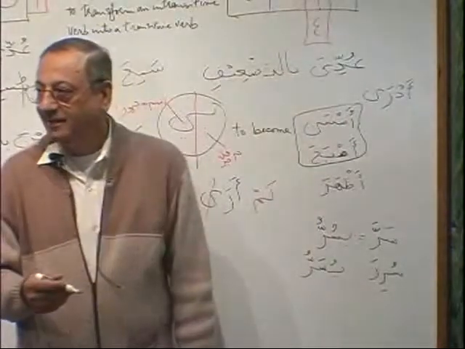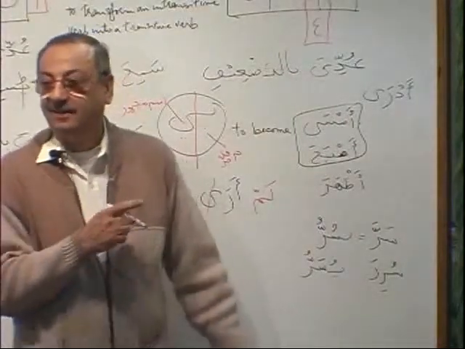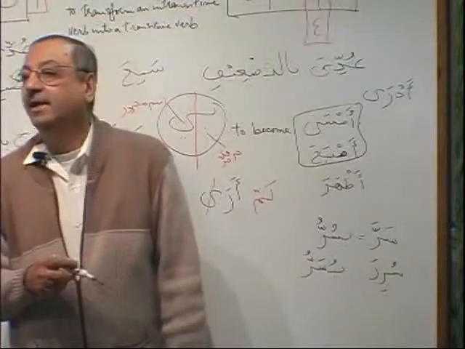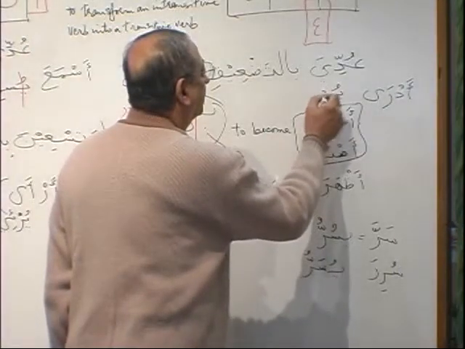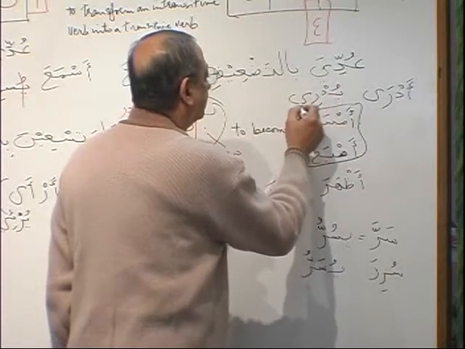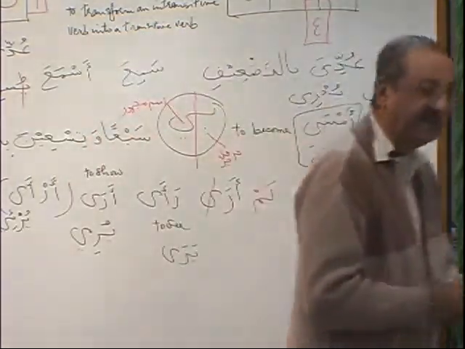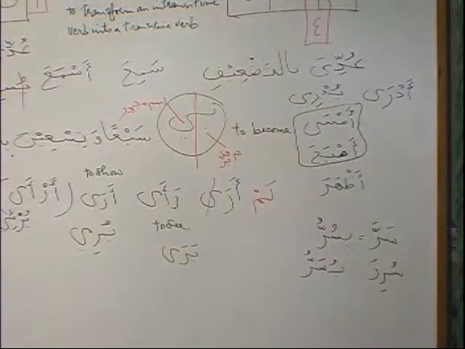From dara, it became adra. See, that is the adra and yudri. Yudri. What is the meaning of? To inform someone. To inform someone. And ka is your mafulun bihi.